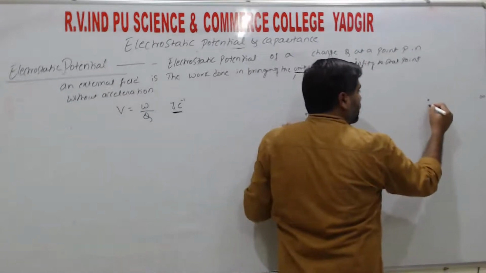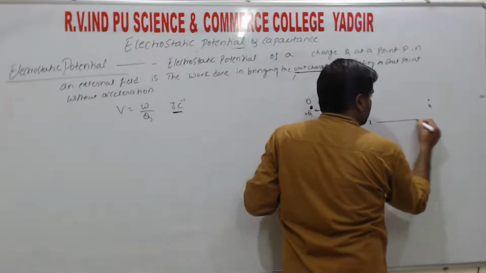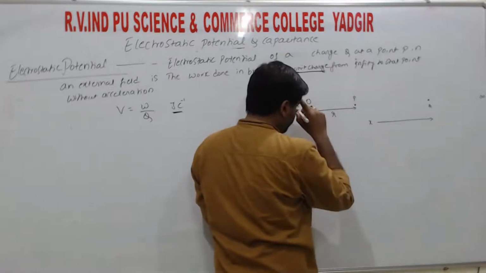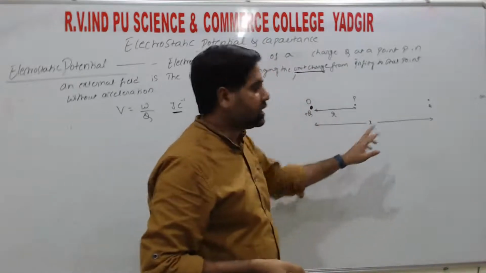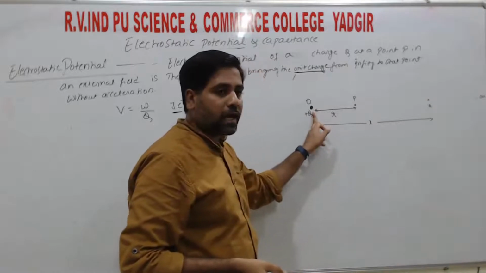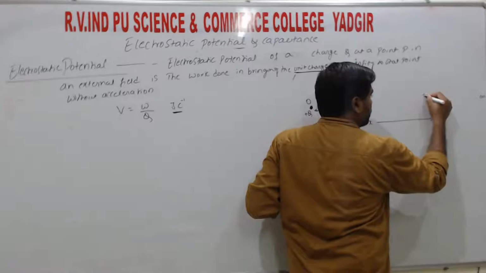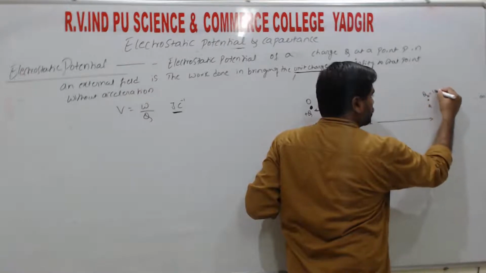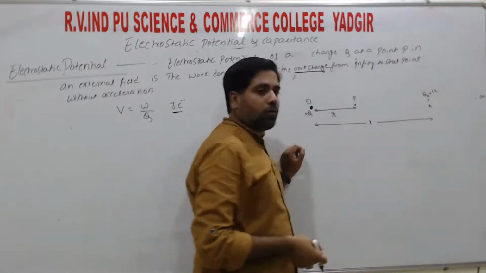Consider a point A at a distance x from the charge plus Q. Here the Q naught value is equal to 1 coulomb, that means we are bringing the unit charge of 1 coulomb.